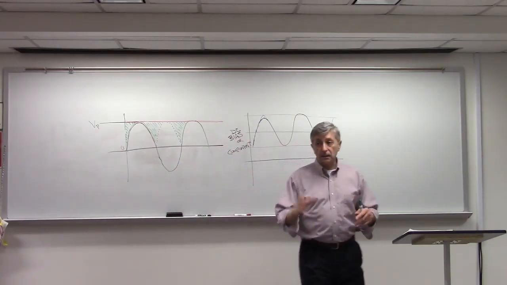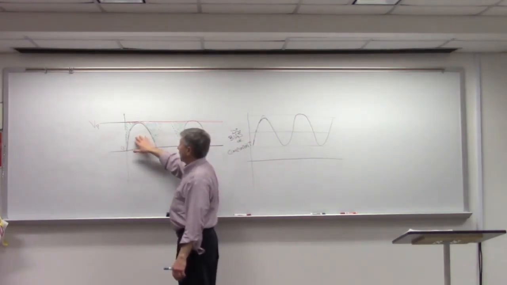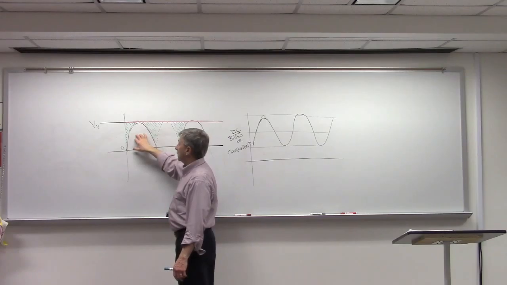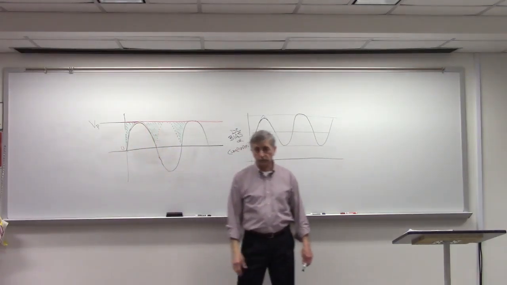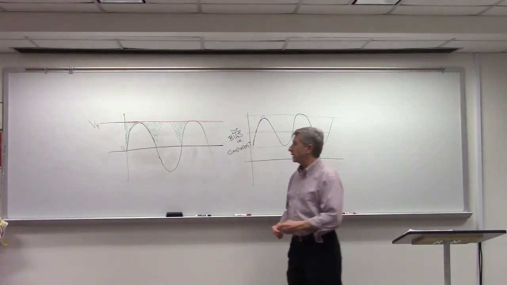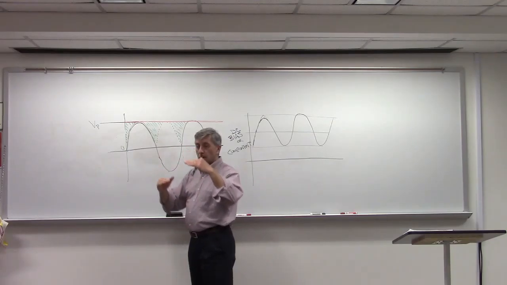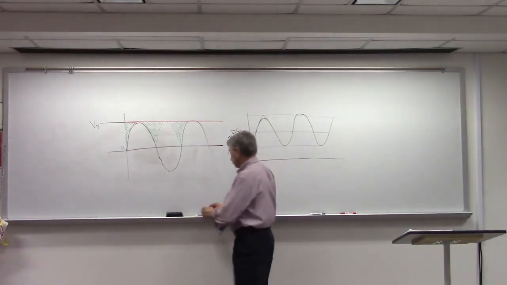So the question is this: at what peak value do I have to increase my AC source so that the power delivered to that light bulb is the same as the DC source? How much do I have to increase the alternating current waveform so that those two loads have delivered to them the same amount of power?